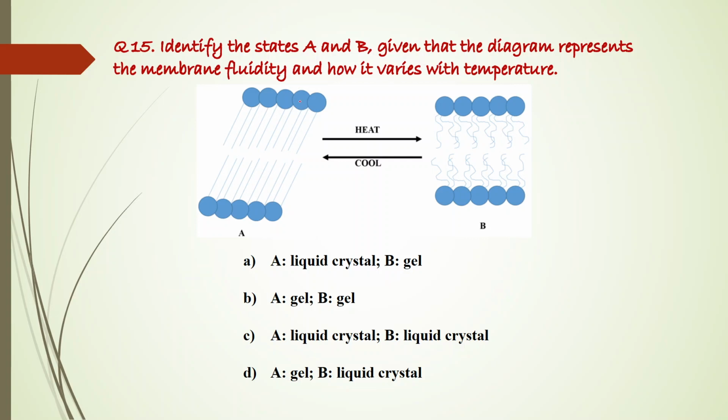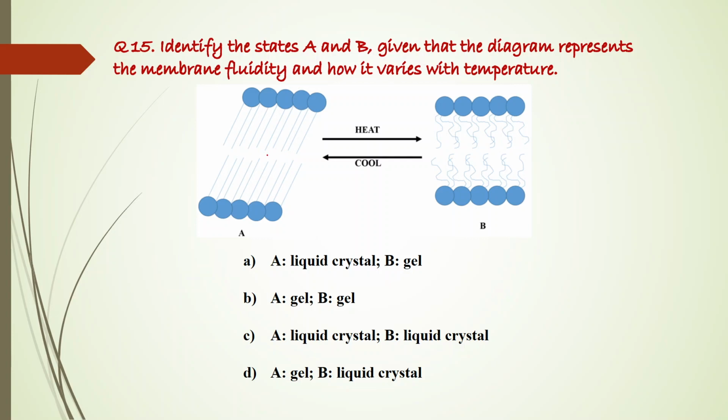Now looking here, the polar head groups are same for both the cases. But in case A, you can clearly see that the fatty acids are highly arranged. They kind of look like crystalline planes, right? That means they are in a highly arranged state.